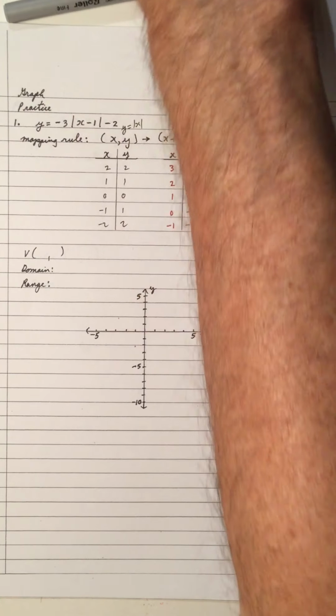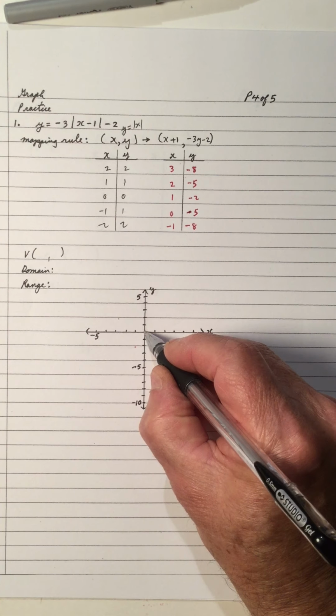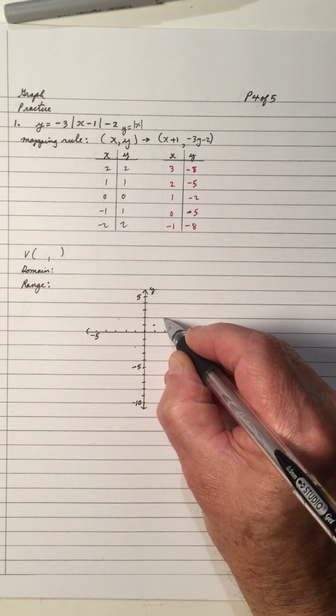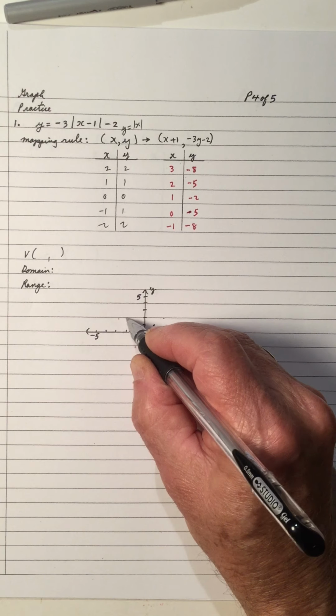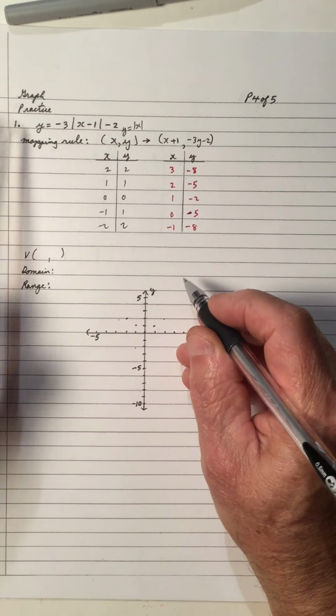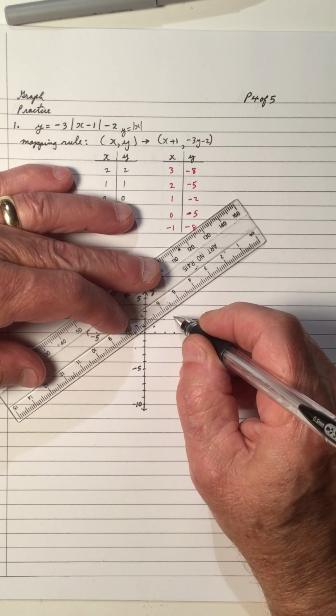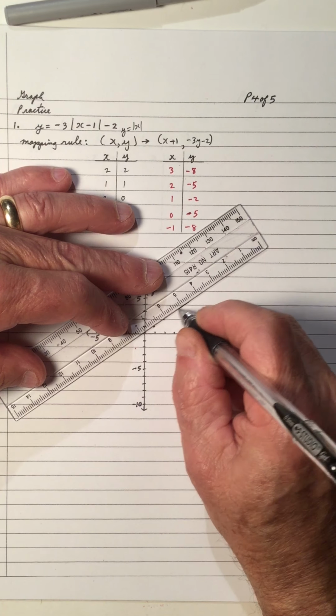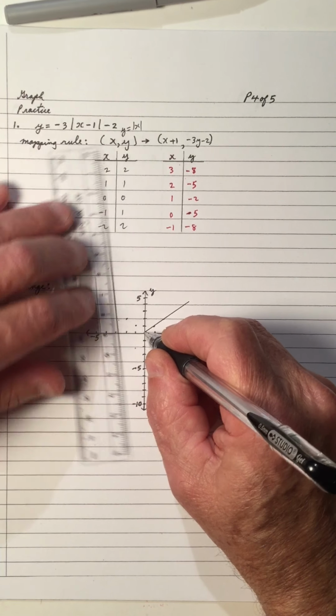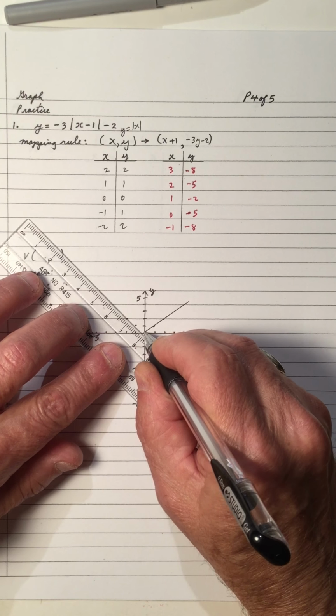So, again, the basic table of values, I'm just so used to doing it now. I plotted all those values, and there they are. There's the basic graph, y equals the absolute value of x. There it is.